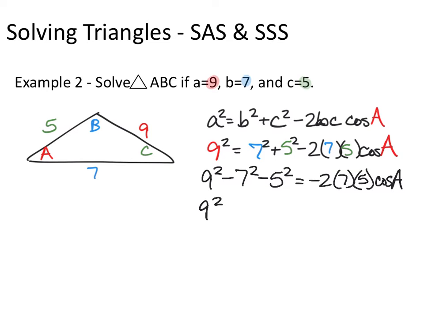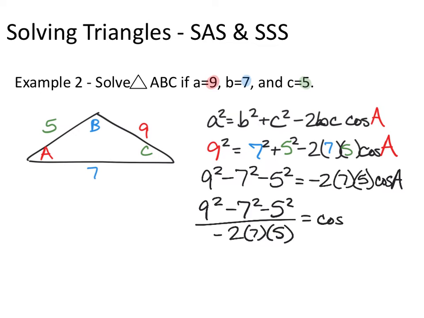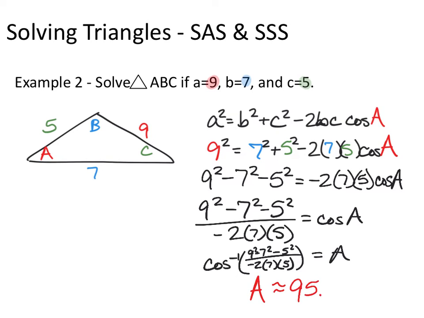So we're going to have 9 squared minus 7 squared minus 5 squared, all divided by negative 2 times 7 times 5, equal to the cosine of A. And to get that A by itself, we're going to take the inverse cosine of both sides. I did not leave myself enough room. That'll be fine. I'll just squeeze it in here. And at this point, I can throw that into a calculator, and when I do, I get that the value of A is approximately 95.7 degrees.